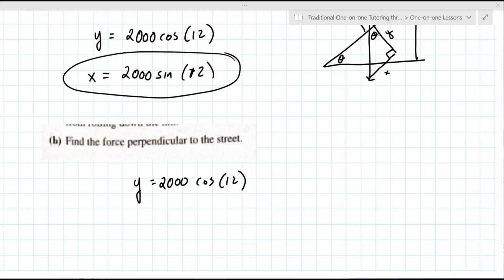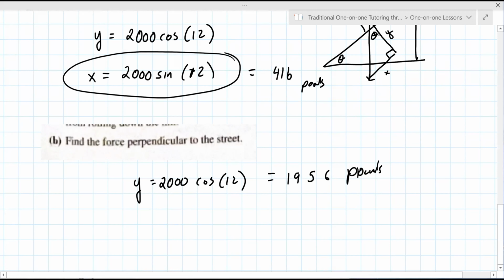So the y value is 1956 pounds. And the x value is going to be much smaller. It's 416 pounds.